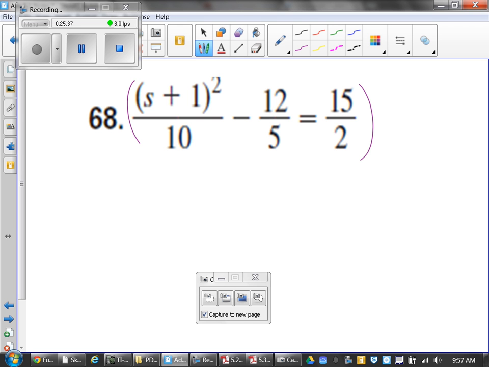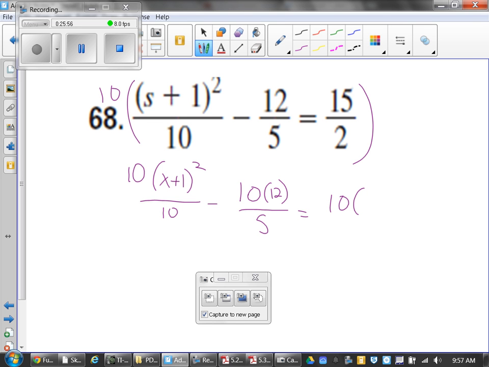Let me show you. If I multiply everything by 10, that means I'm going to distribute the 10 to all 3 parts. You okay with that? Yep. So basically you wind up with 10 times the x plus 1 quantity squared over 10 minus 10 times 12 over 5 equals 10 times 15 over 2. Everybody okay with that? Yes.